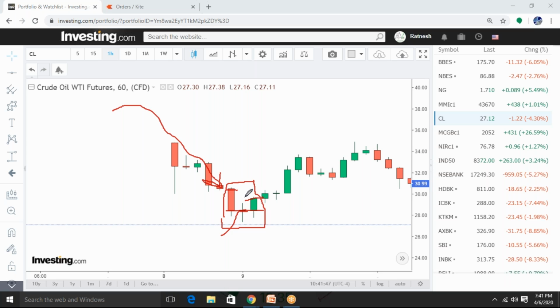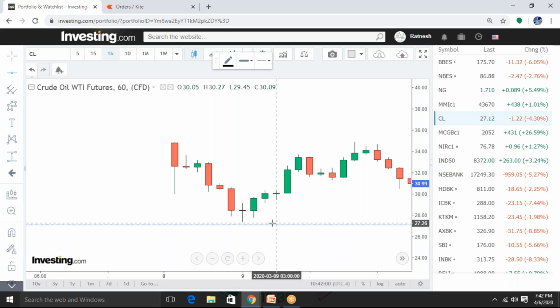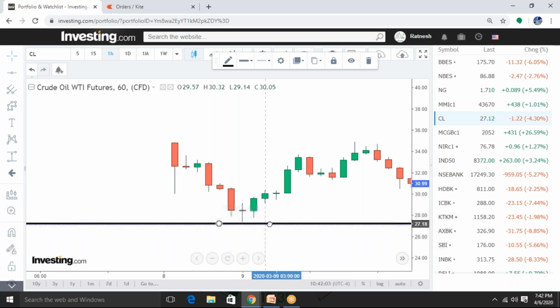So clearly we can take our buy position right here, with a stop loss at this level, and take our buy position right above this.